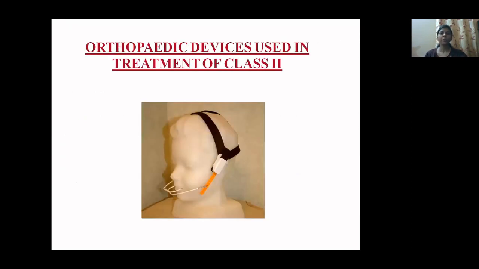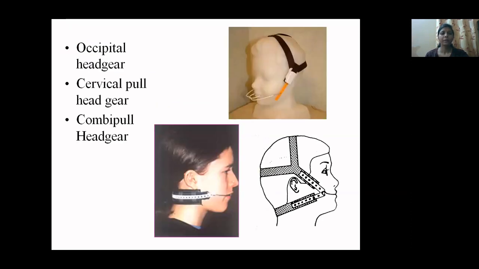So, orthopedic devices are used in the treatment of class 2 for growth modulation procedures to restrain growth. As we know, in class 2 cases the problem may exist in the maxillary base or the mandibular base.